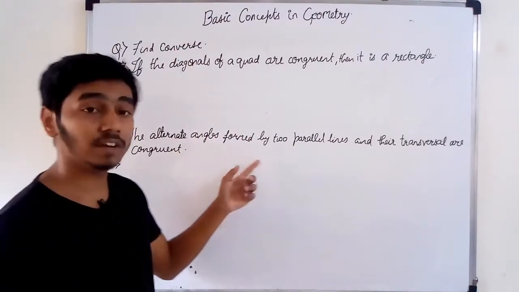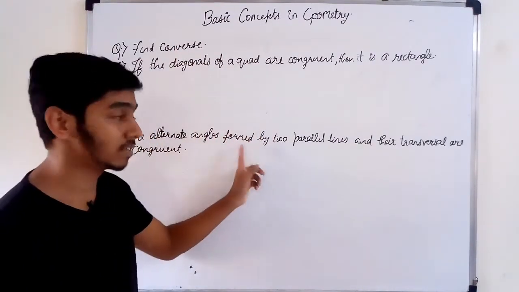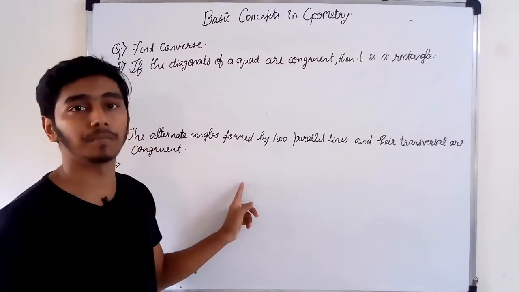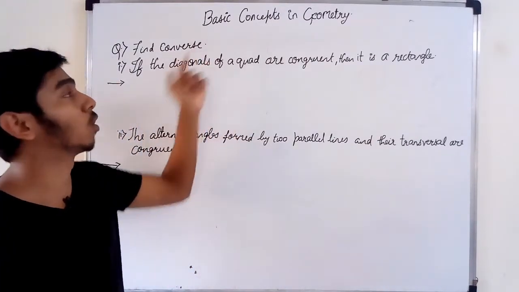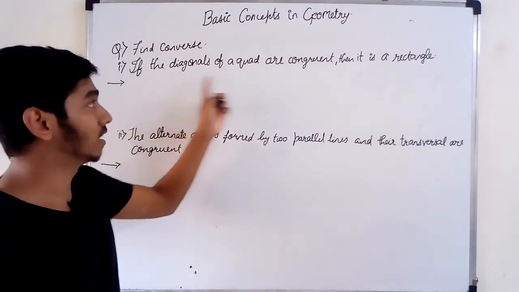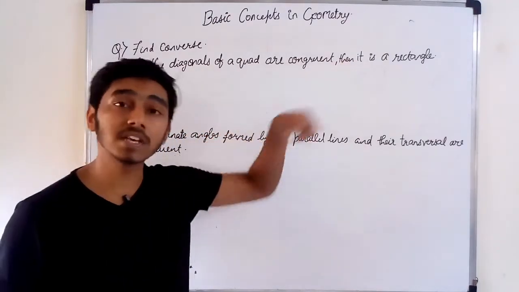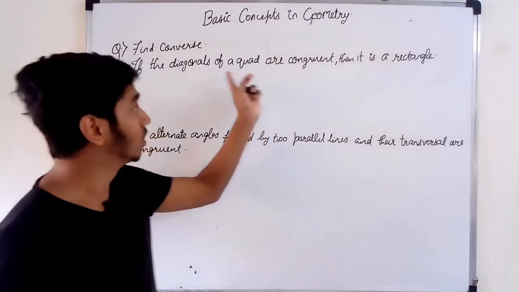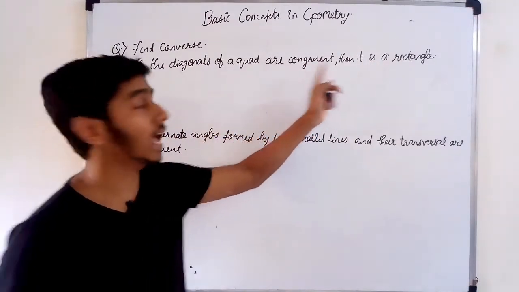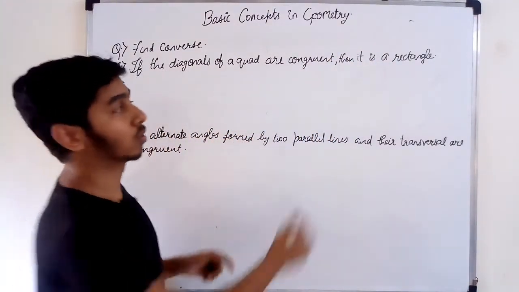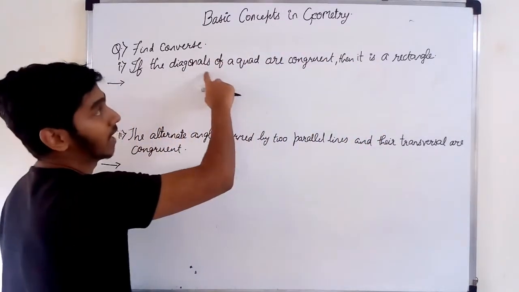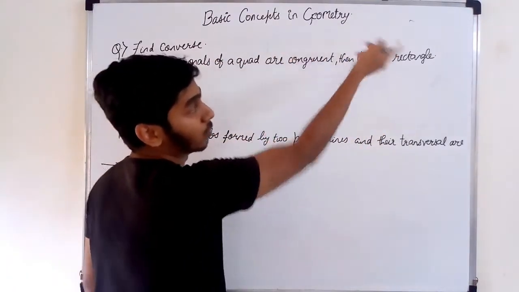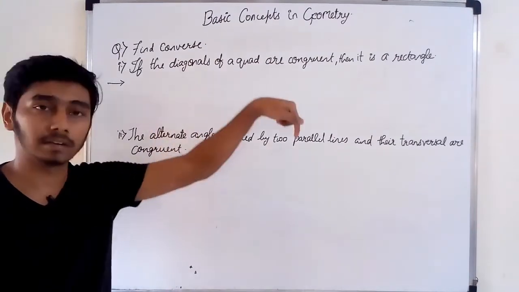First we need to have the statement in if-then form, and only then can we find the converse. Here the if-then form is already given to us, and we just need to switch the antecedent and consequent parts. So the consequent part comes here and the antecedent part, which is congruent, goes after then.